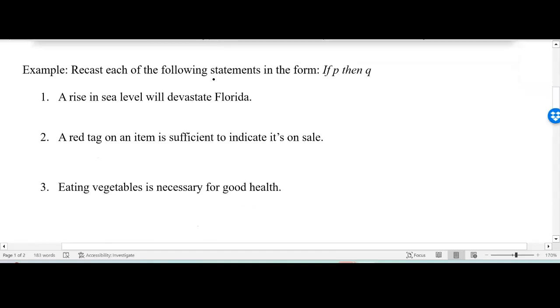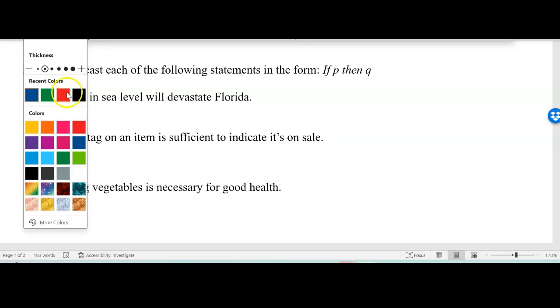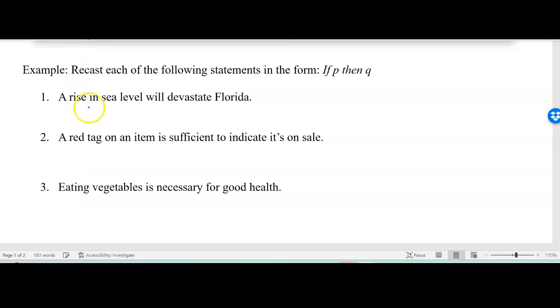What we're going to do is recast each of the following statements in the form if P, then Q. This says, a rise in sea level will devastate Florida. Okay, this is actually a conditional because what are we saying? We're saying if the sea levels rise, right? Because it's saying a rise in sea levels will what?